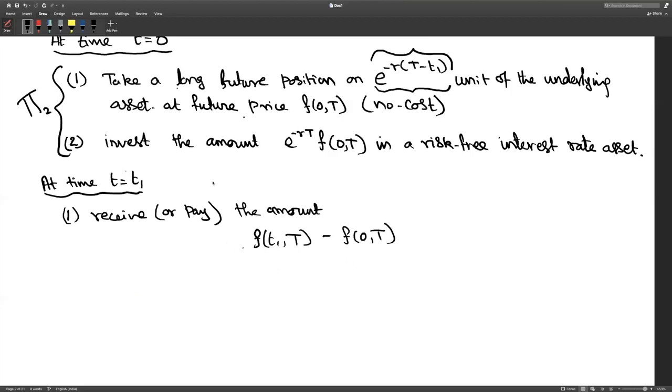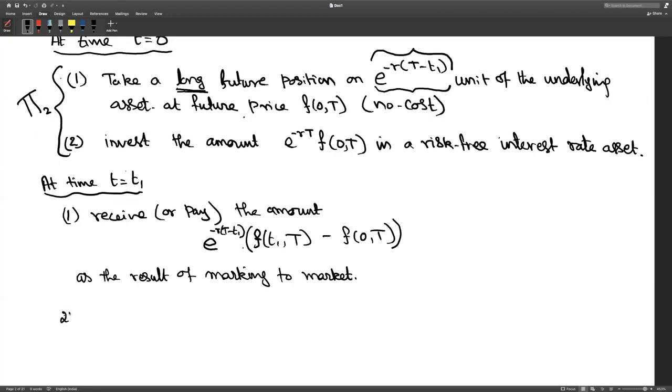Why is it like this? Because you are taking a long position in the future, therefore your marking to market will give you this money. Otherwise, it's the minus of this. And since you have made the contract only for this fraction, you get this much money as a result of the marking to market. Of course, this will not change your portfolio position, therefore your portfolio is still Pi 2 only.